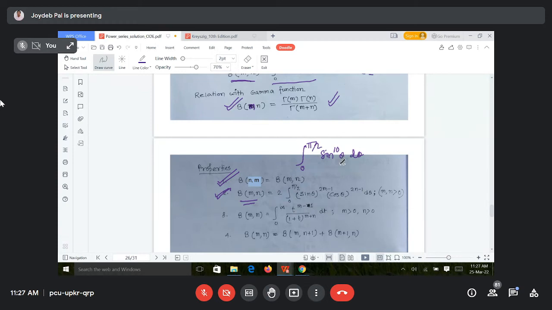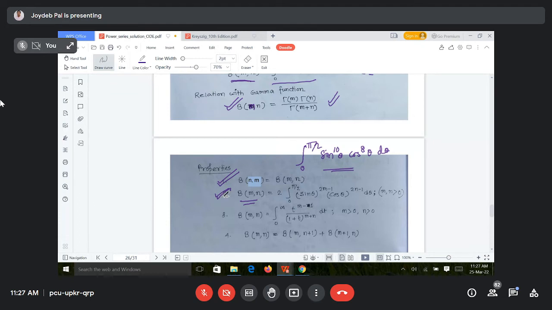Or it may be sine to the power 10 theta cos to the power 8 theta d theta. We can solve this type of integration easily by using the beta function.